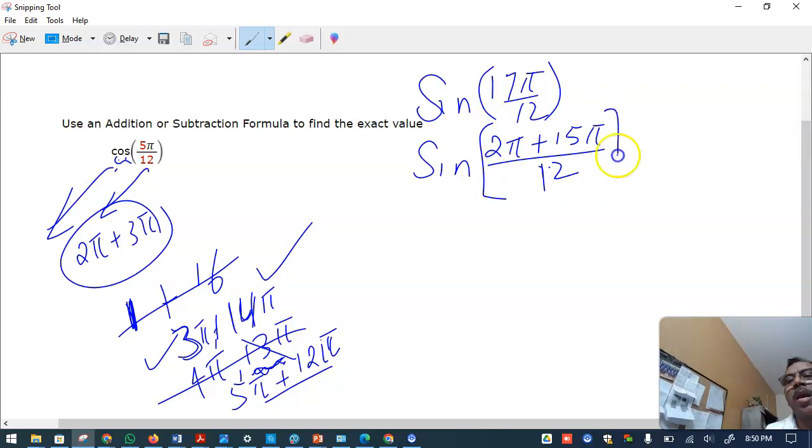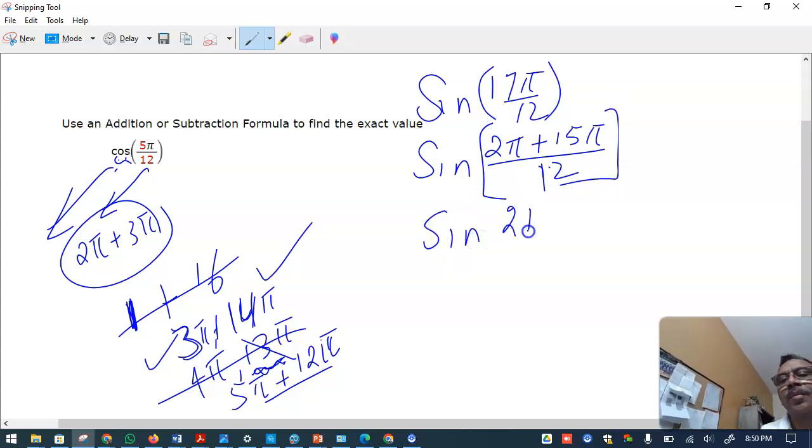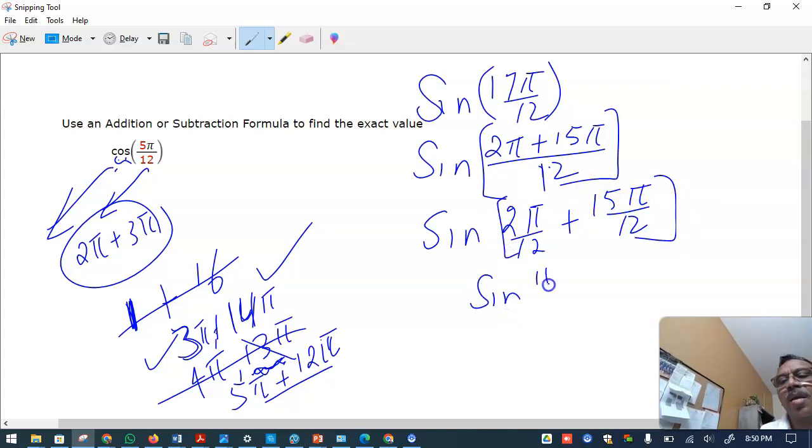So you can do this and separate it: 2 pi over 12 plus 15 pi over 12, and this reduces to pi by 6. For the other one, 3 divides 15, 5 times, and 3 divides 12, 4 times.